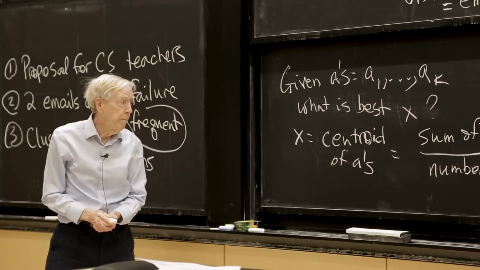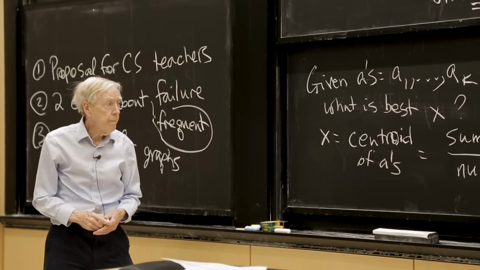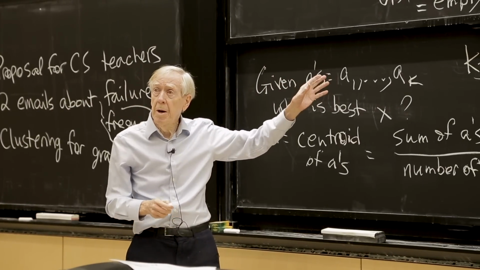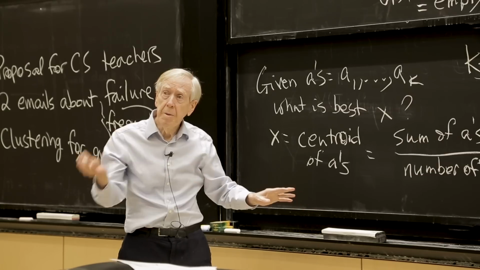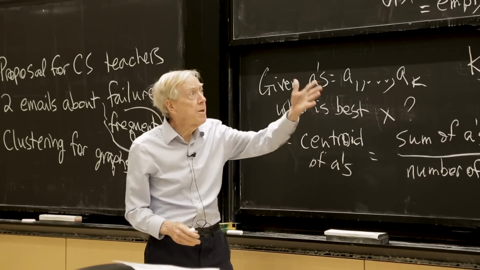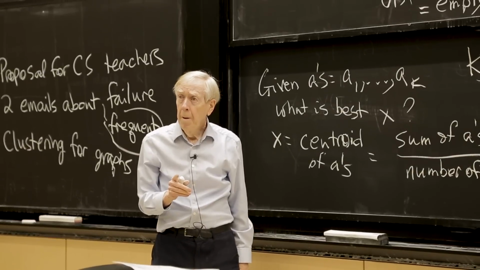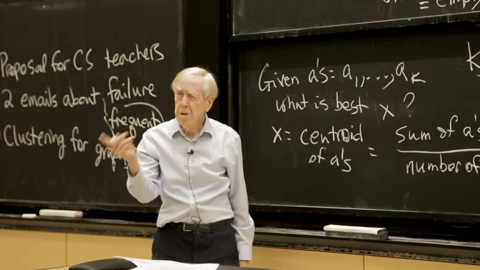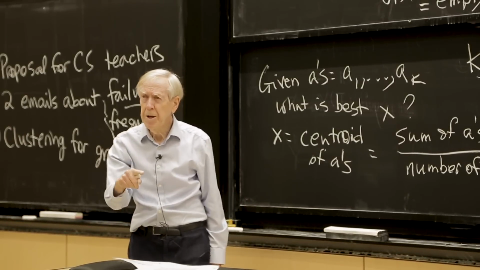Okay, what's the algorithm? Well, if I've chosen a partition, the A's and the B's, and separated them, then that tells me what the X and the Y should be. But now what do I do next? This is going to be a sort of alternating partition.